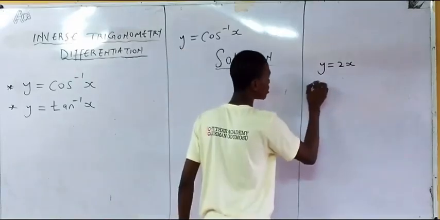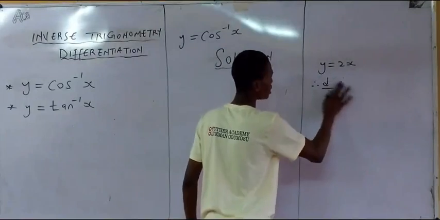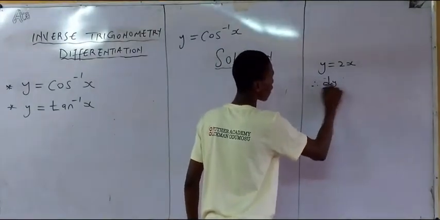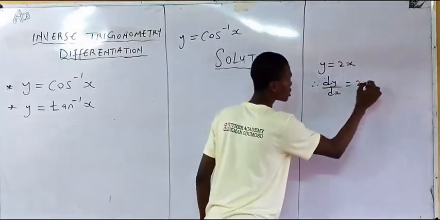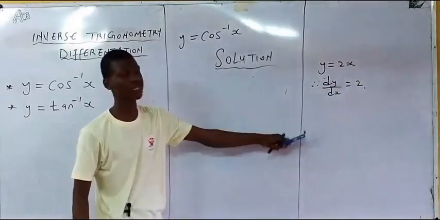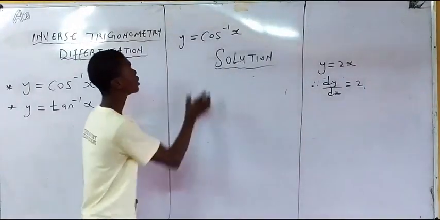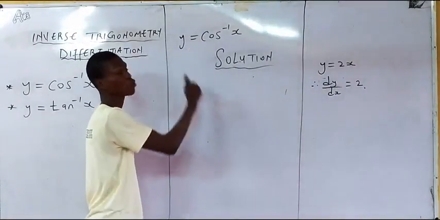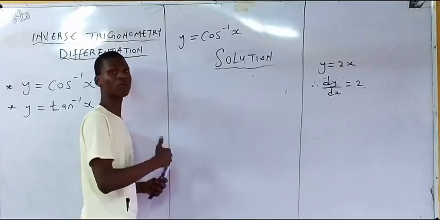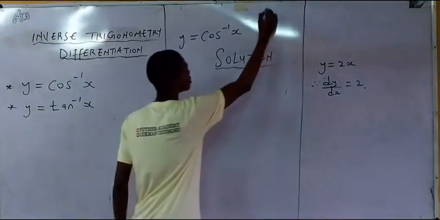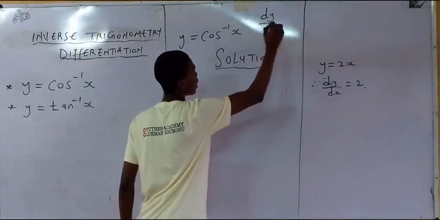That is dy/dx. Of course, by the time we differentiate, you have 2. That is, dy/dx is equal to 2. Similarly, given this function, y equals cos inverse of x, I'm asked to differentiate y with respect to x, dy/dx.